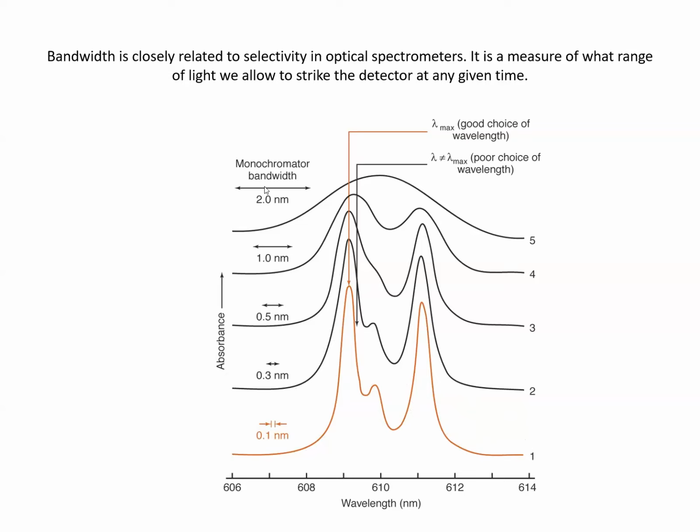If you increase the monochromator bandwidth, then you are allowing a lot of light to get to the detector. And that means then you cannot distinguish the band or the peak that you're going to use for your analysis, or your wavelength in this case. So selectivity, as you can see here for the orange line, if you choose this wavelength here, that's a good choice for your analysis because it can distinguish it from other responses from other wavelengths.